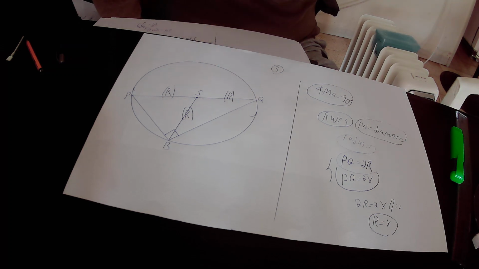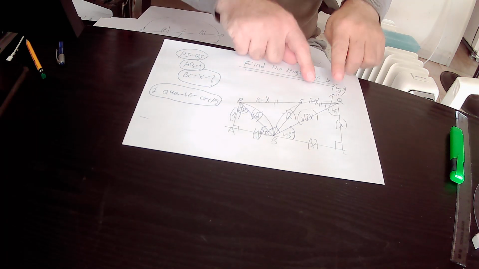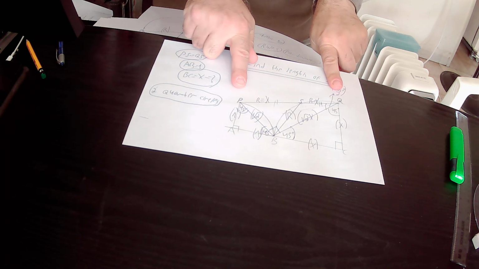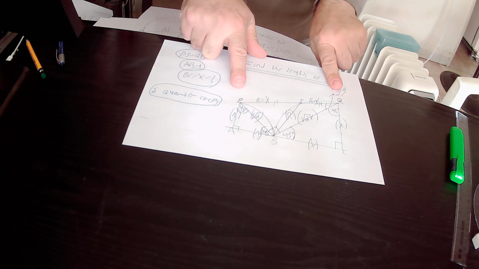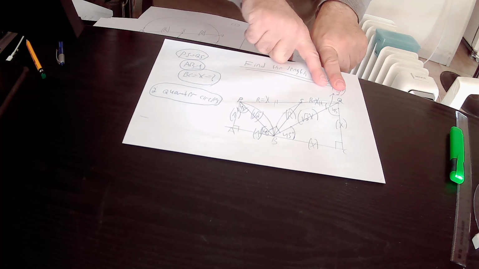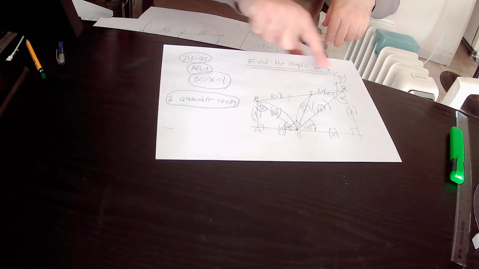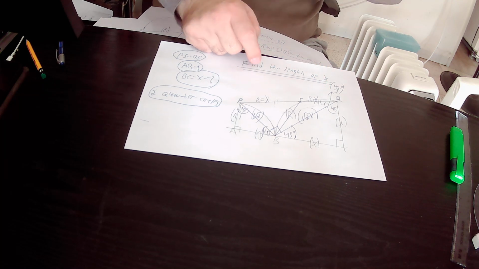So if we define the radius of this circle as R, then the diameter PQ must be equal to 2R from one side, but from the other side, we have here line segment PQ. According to what is given in the question, PS equals SQ. So if PS is X, then SQ must also equal X because they are equal to each other.